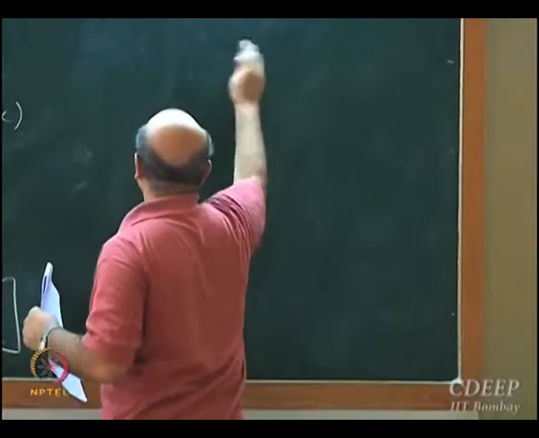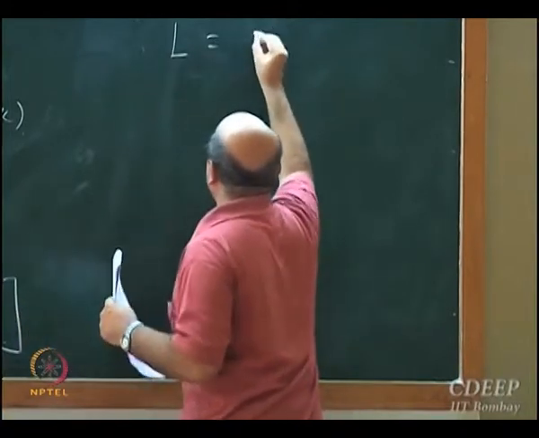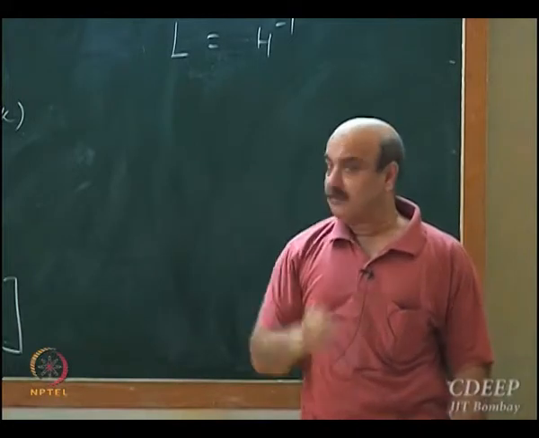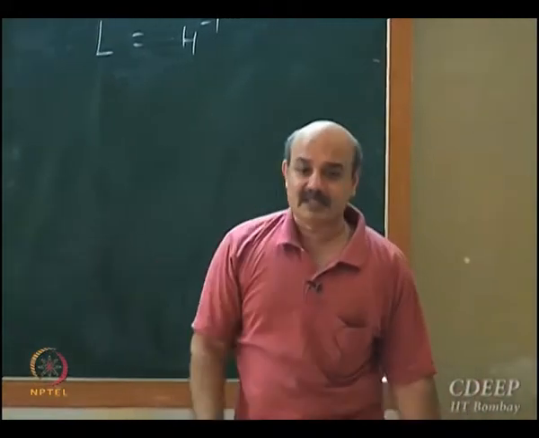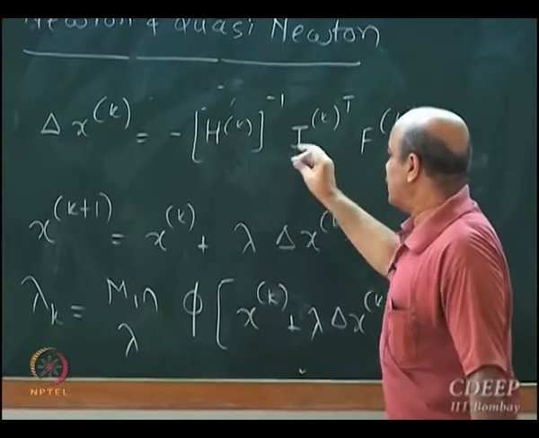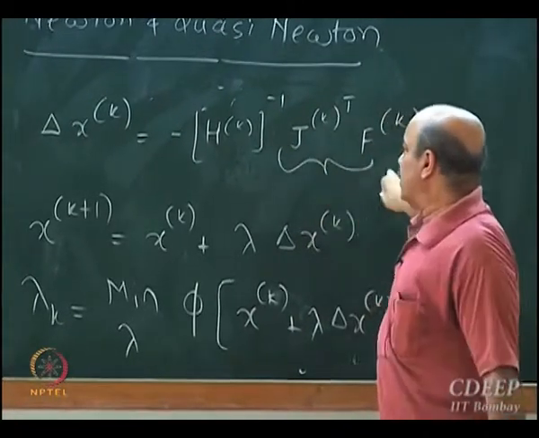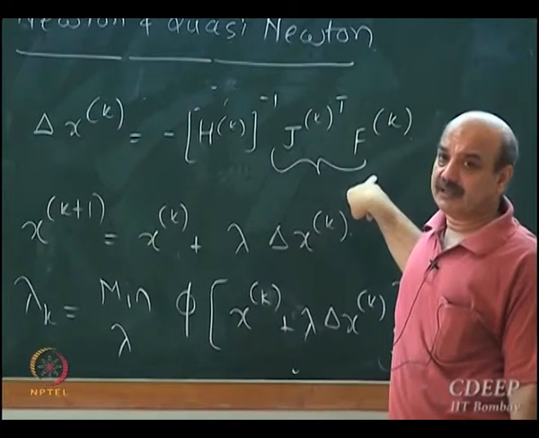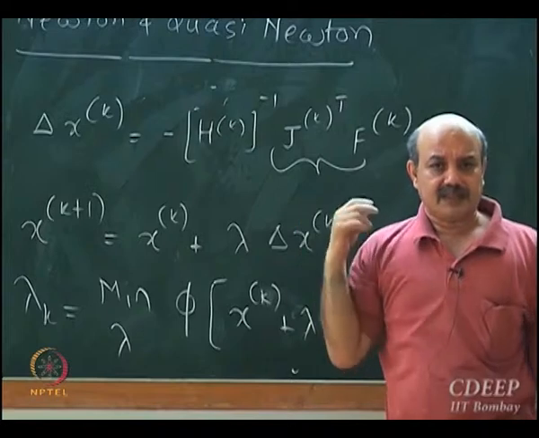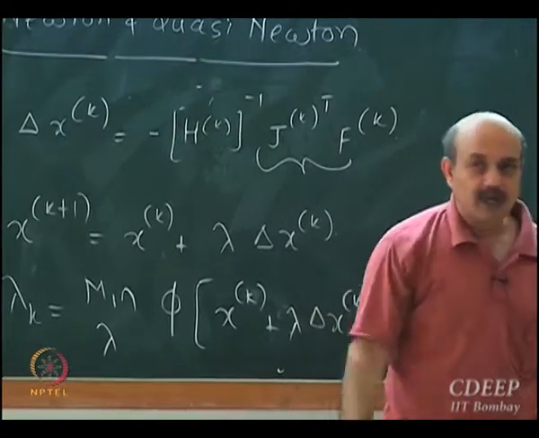In quasi-Newton methods, let's define this matrix L to be H inverse. What is the trouble step in doing this? This is the gradient calculation. Gradient calculation is just one vector calculation by numerical perturbation, not a big issue.